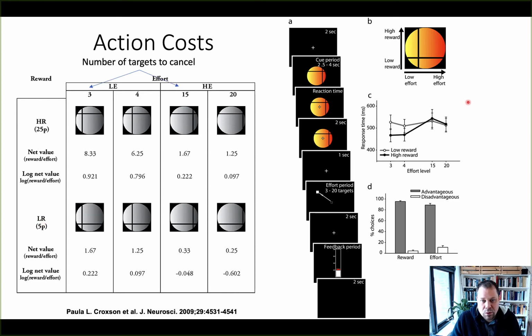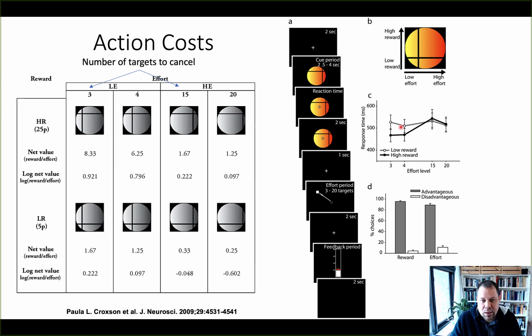Here's an explanation of the cue again in color, which might be nice, but basically as the horizontal line goes up, that means high reward. As the vertical line goes to the right, that means high effort. And when we look at the behavior, and the response times are used here as a behavioral dependent variable, we can see that when the conflict was lowest, so in high reward, low effort trials, reaction times were also fastest, right?